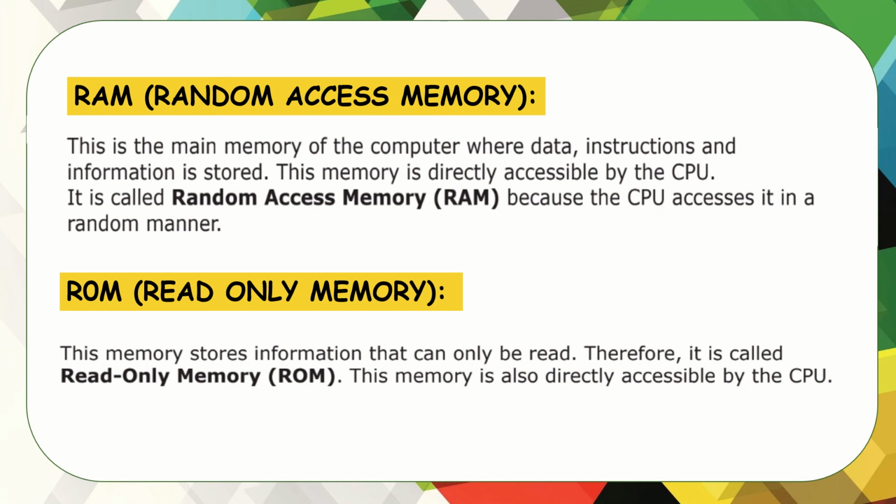What is random access memory and what is the use of RAM? This is the main memory of the computer where all the data, instructions, and information are stored. Got it?